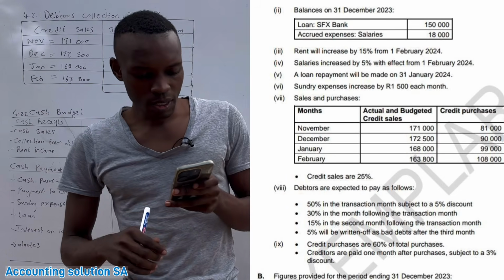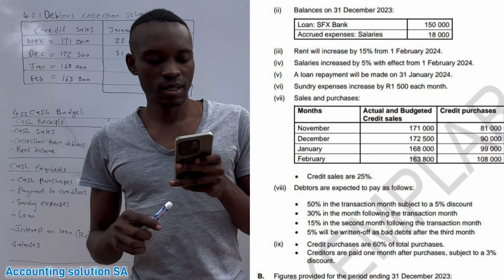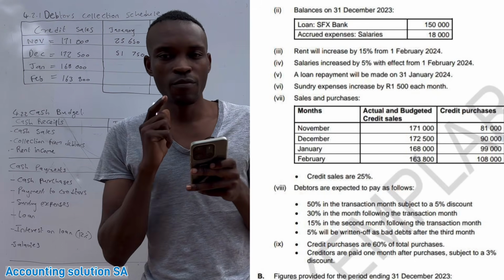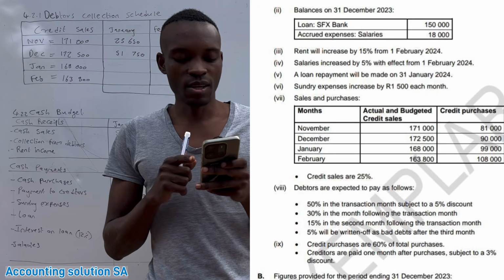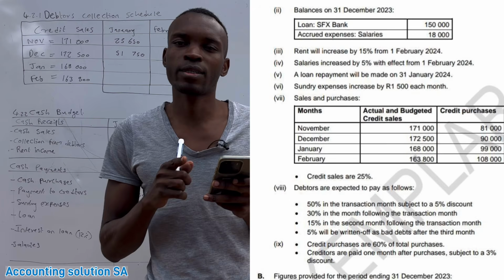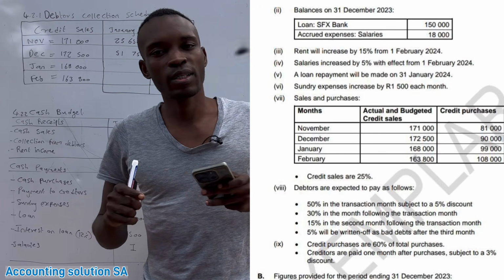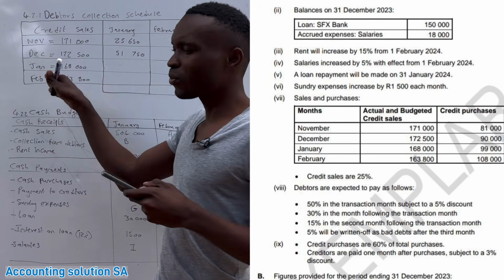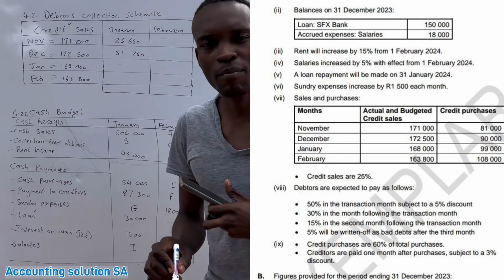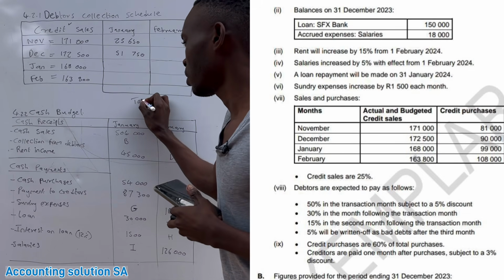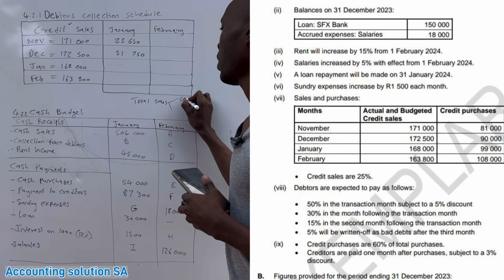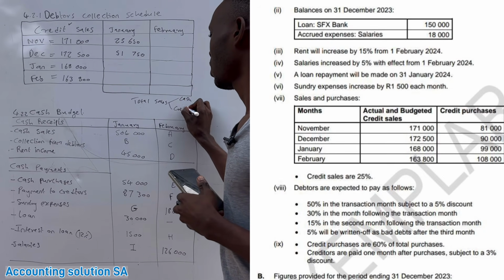Now let's read. They said the actual and the budgeted sales, credit sales, and they give us the amounts. In this case, they give us credit sales, not total sales. If they give you total sales, you must first calculate credit sales, because what we put here is called credit sales, not total sales. Remember, total sales contain cash and credit.